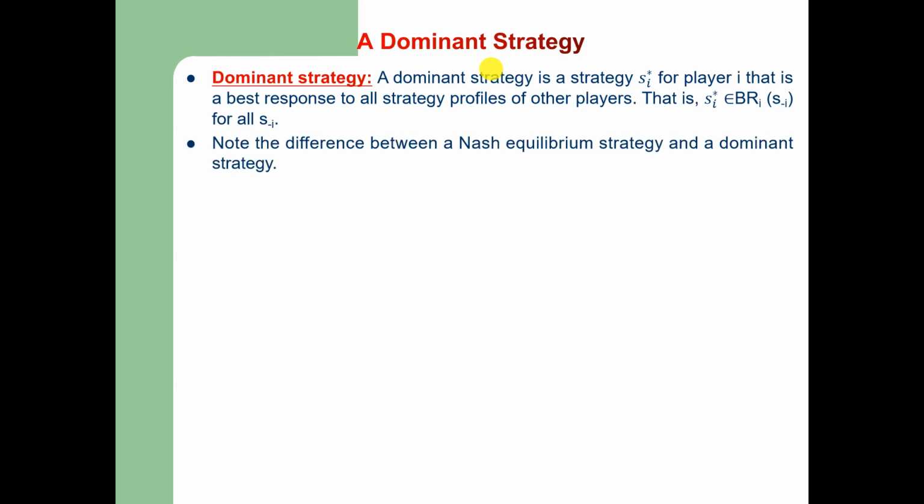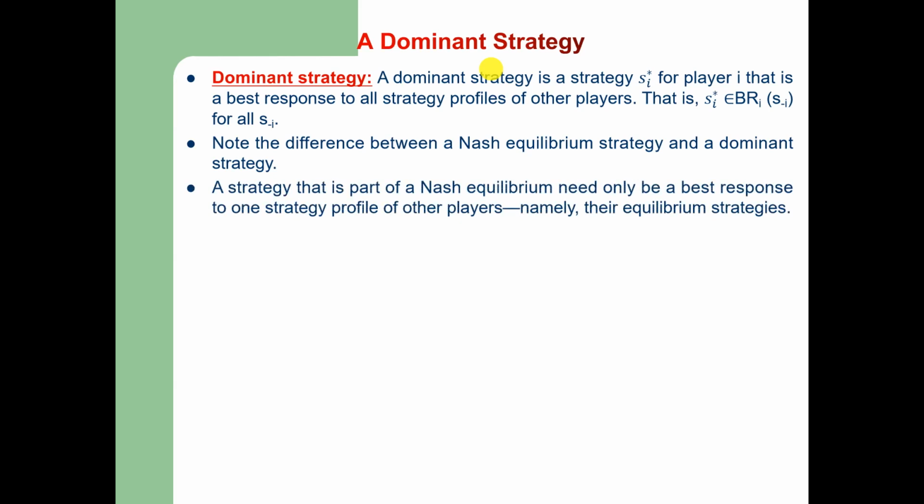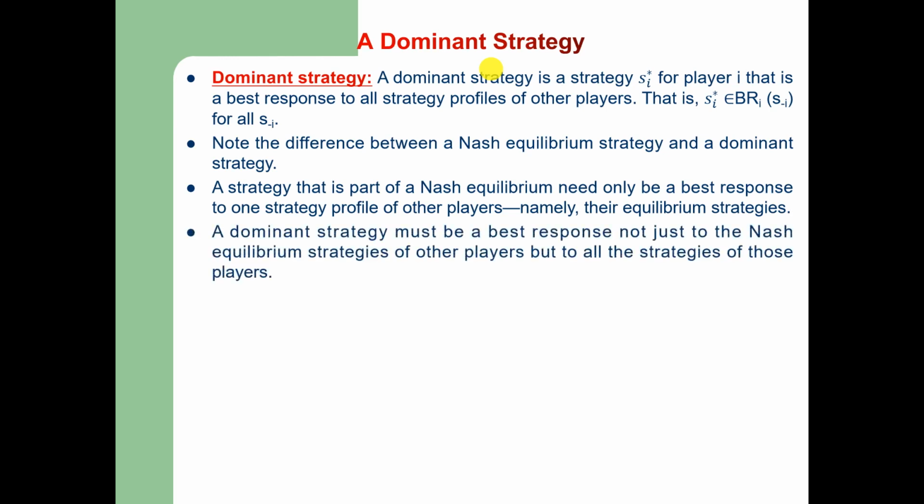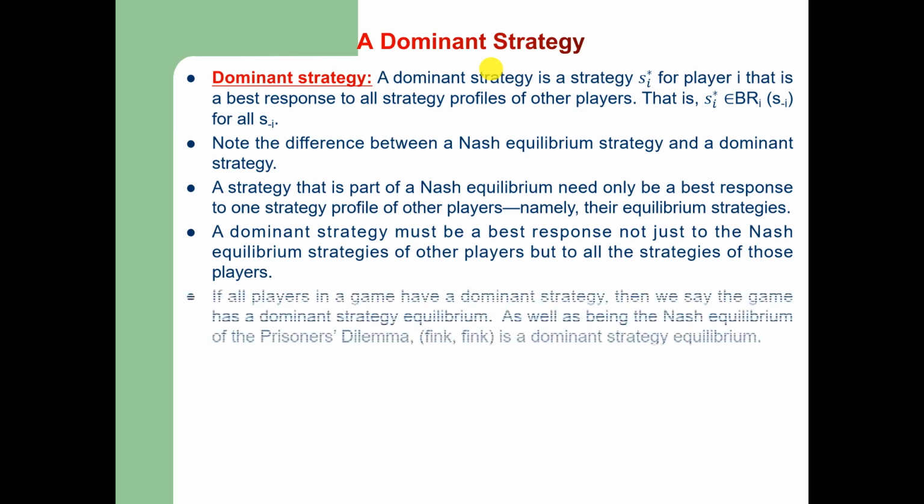Now we may note the difference between a Nash equilibrium strategy and a dominant strategy. A strategy that is part of a Nash equilibrium need only be a best response to one strategy profile of other players, namely their equilibrium strategies. A dominant strategy must be a best response not just to the Nash equilibrium strategies of other players, but to all the strategies of those players.